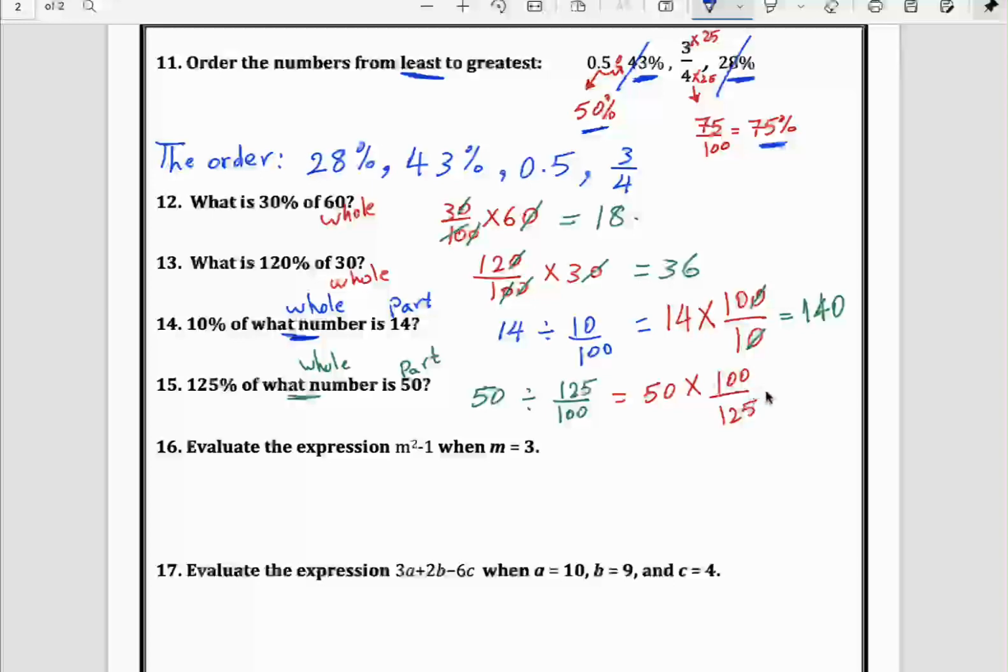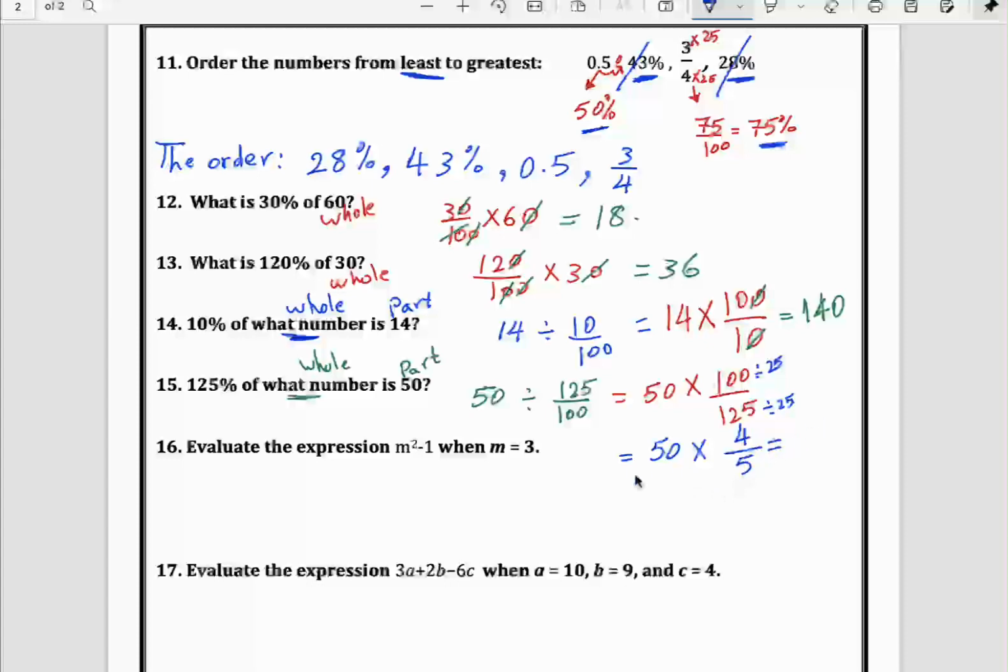I'll continue here, no problems. I will divide this number by 25 and this also by 25. So I get 50 times 100 divided by 25 equals 4, and 125 divided by 25 is 5.